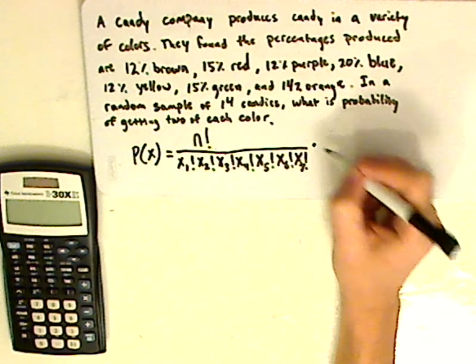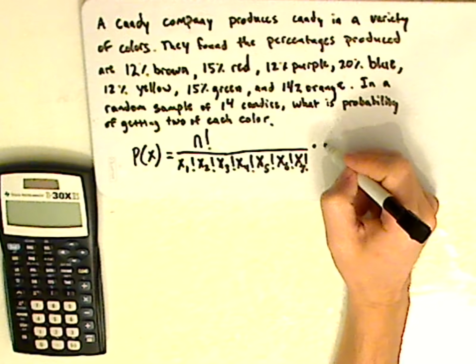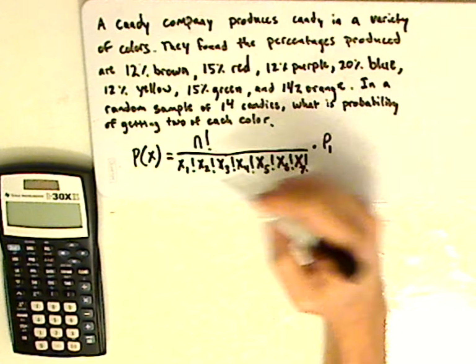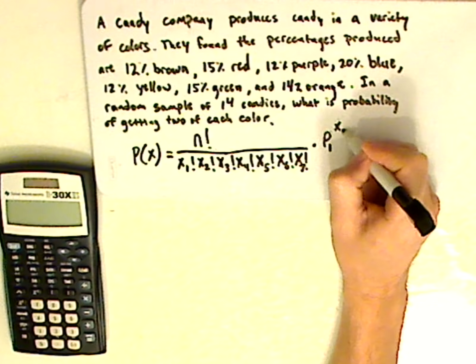Times the probability of success for each category. So it would be P1, raised to the number of successes for that category.